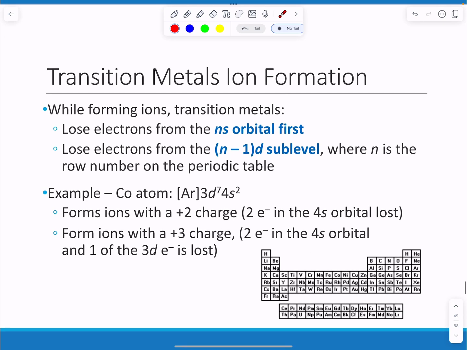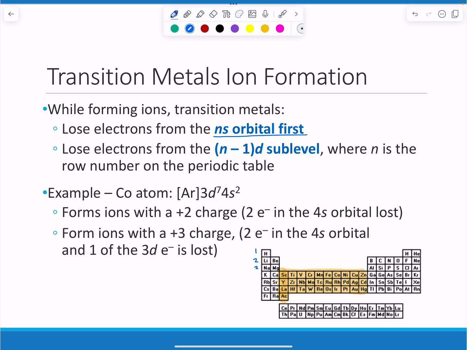Okay, so transition metals are a little more complicated again. Our transition metals are going to be these guys right here, in the middle of the periodic table. These are going to lose electrons from their ns orbital first.